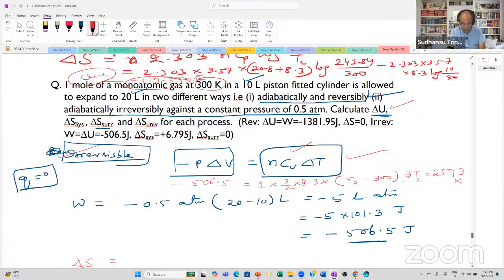We are taking irreversible expansion from 10 liter to 20 liter, and we found the initial temperature was 300 K, and now the temperature has been reduced to 259.3 K. Had the adiabatic expansion been reversible, a slow process, then what would have been the temperature? The final temperature would have been lower than this or higher than this?